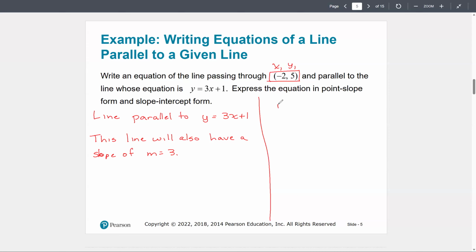So we have y minus y1, which is 5, is equal to my slope, which we said is 3 because it has to be parallel to this line, times x minus x1, which is -2. So we have y minus 5 equals 3 times x plus 2. This is the point slope form.